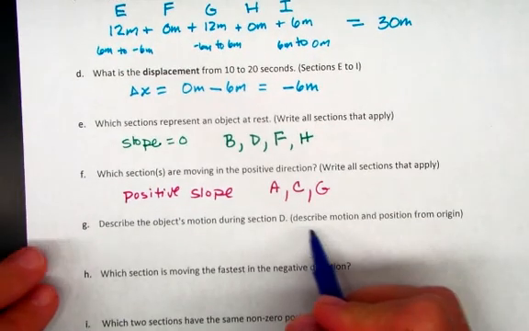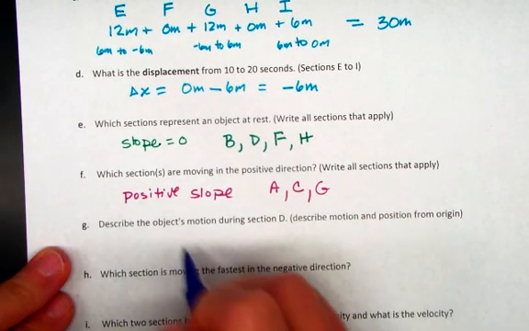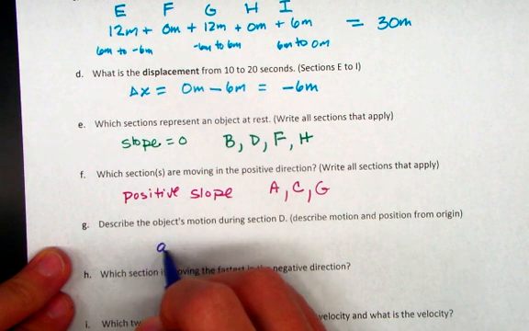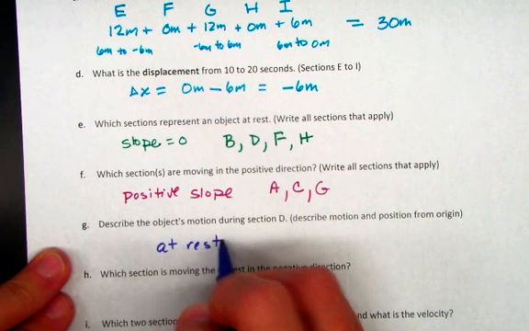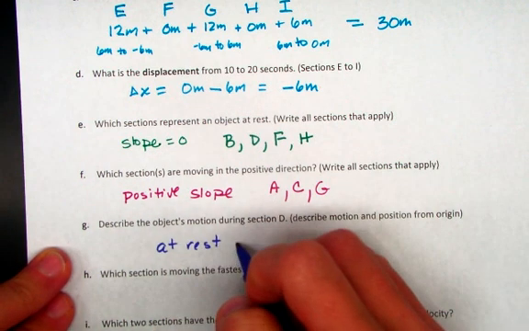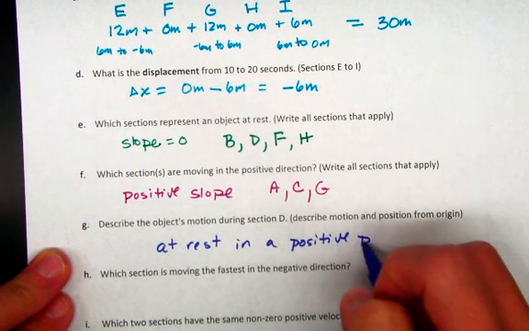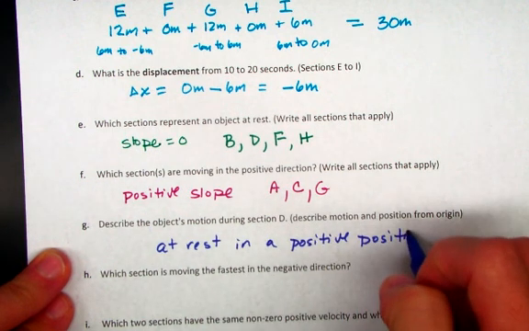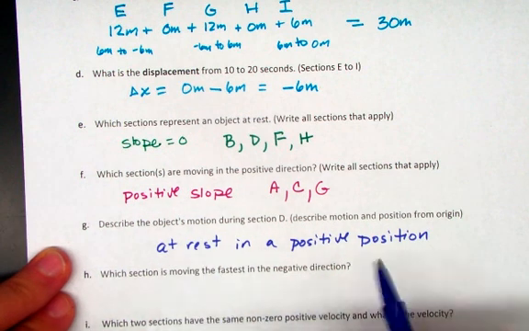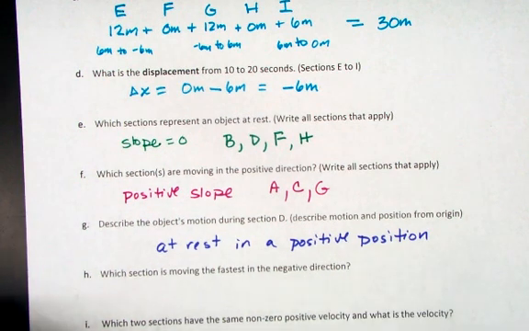So the object is at rest in a positive position. If we were going left and right, we would say it's at rest to the right of the origin.